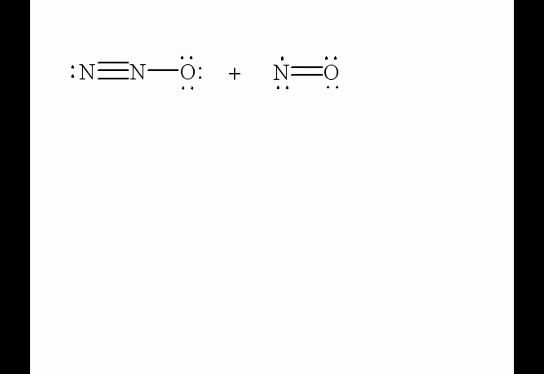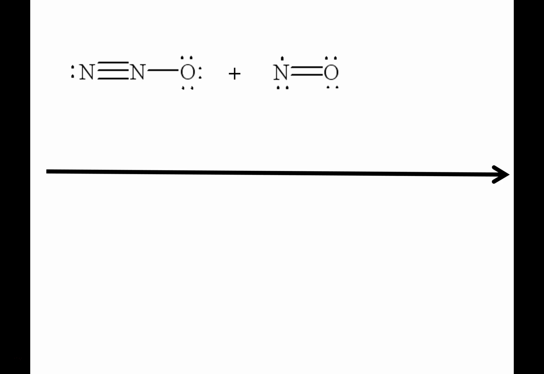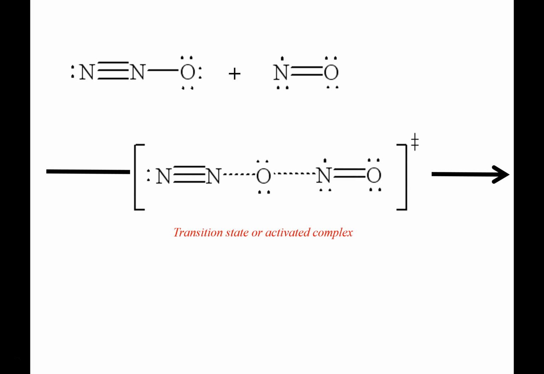So now I have a series of slides that I find kind of irritating at this point, but this is all just showing you different ways of looking at N2O plus NO. It goes to form, and I have a slide to talk about this, what we call a transition state. Here in a minute when we see an energy diagram, this is going to be at the peak of your activation energy.